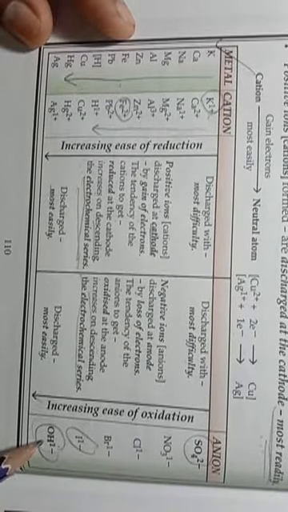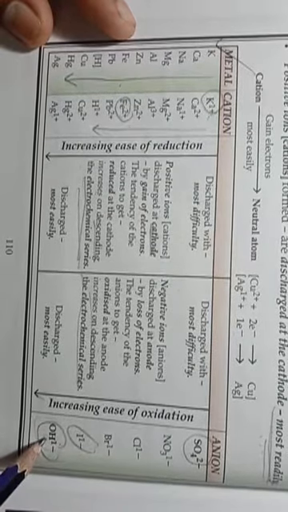It means if you have sulfate ion and hydroxide ion in the electrolytic medium, then the hydroxide ion will discharge comparatively more easily than the sulfate ion. So preferential discharge of OH- ion will take place at the anode. Okay students, this series is very important for the discussion of the preferential discharge of ions.